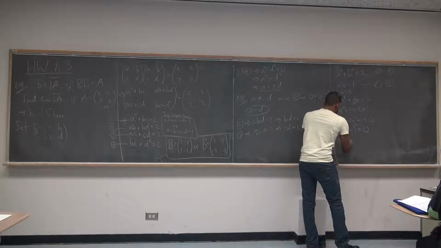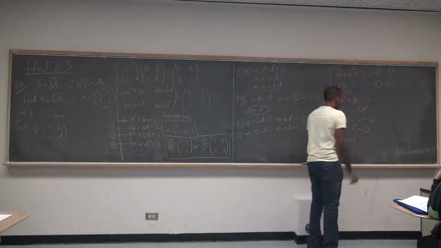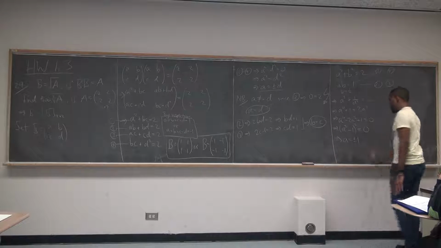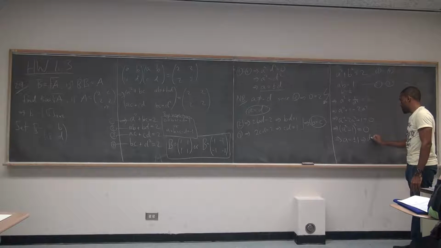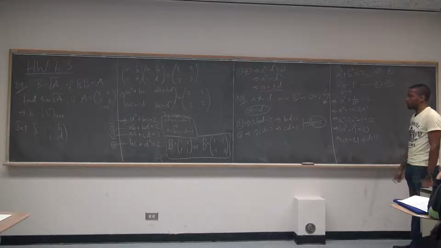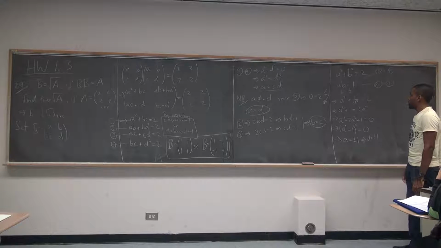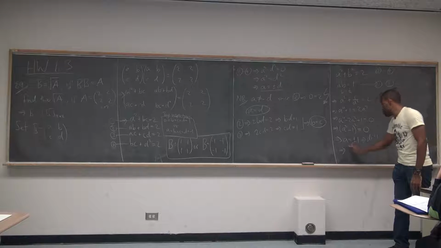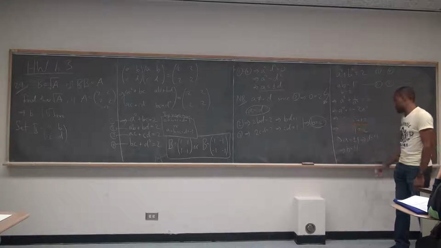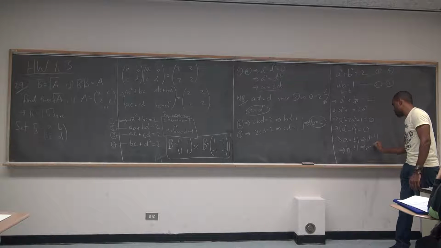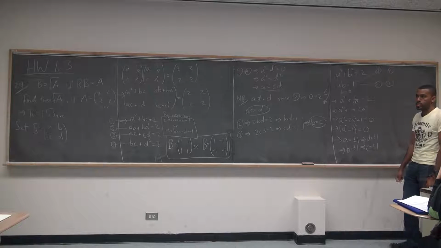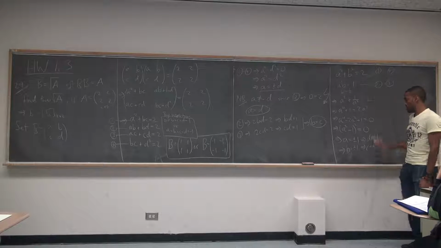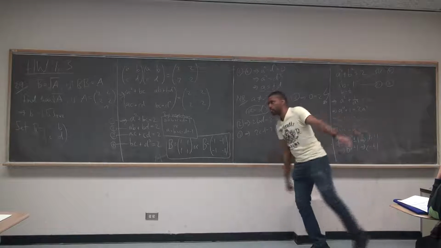This means a is equal to plus or minus 1, which means at the same time d is equal to plus or minus 1. Since b is 1 over a, that implies that b is equal to plus or minus 1. Since b is equal to c, that means that c is equal to plus or minus 1. And they all have the same signs at the same time. Hence, this is the answer.